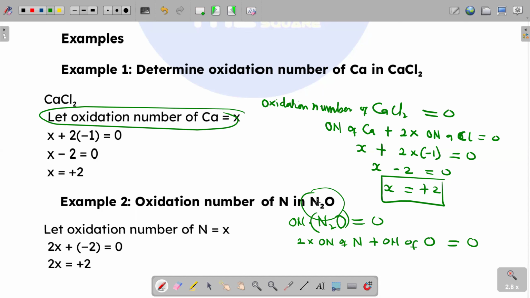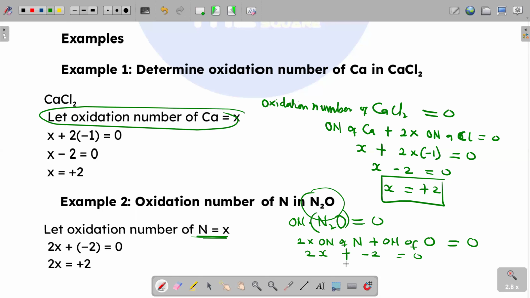Let the oxidation number of nitrogen be X, meaning 2 times X added to the oxidation number of oxygen, which is -2, equals 0.